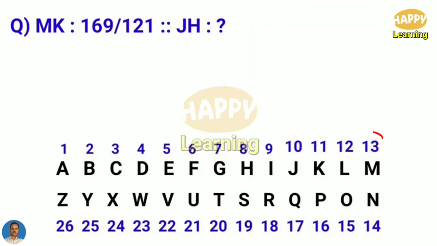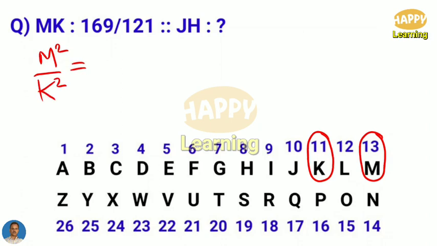Okay. M is coded as 13. K is coded as 11. So M square by K square is equal to 13 square by 11 square. This is the answer here.